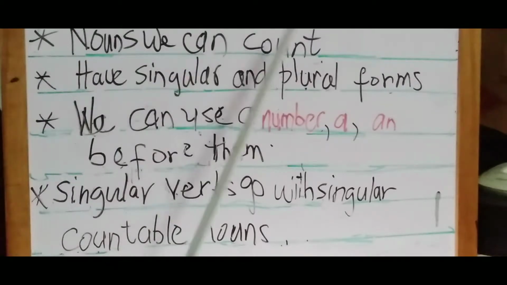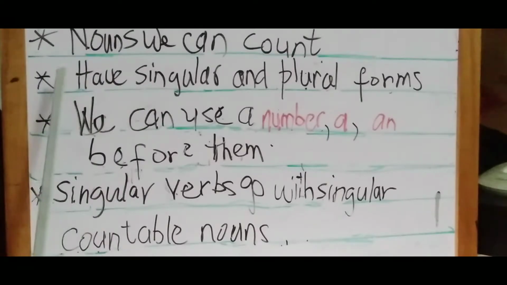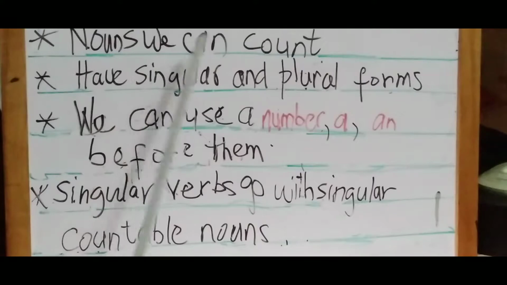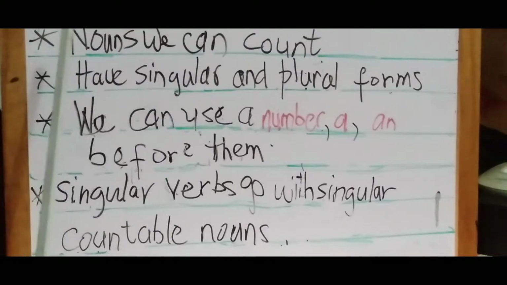Nouns we can count. Countable nouns are nouns we can count. The next thing to bear in mind is that countable nouns have singular and plural forms. Countable nouns have singular and plural forms.